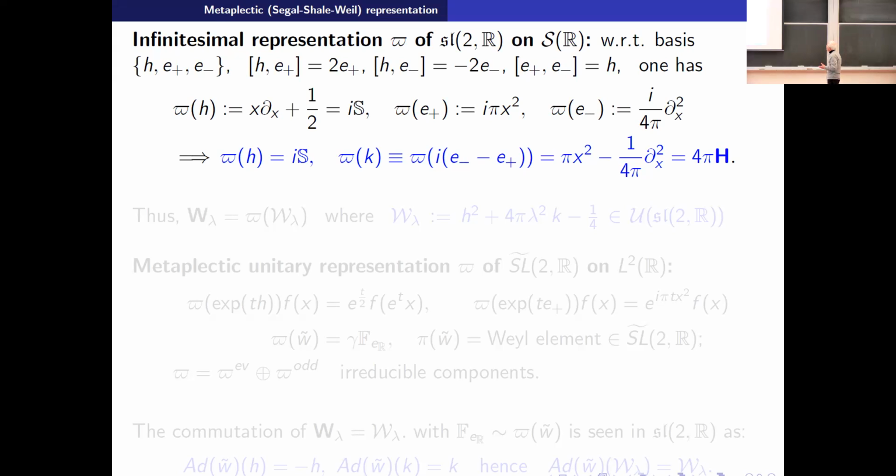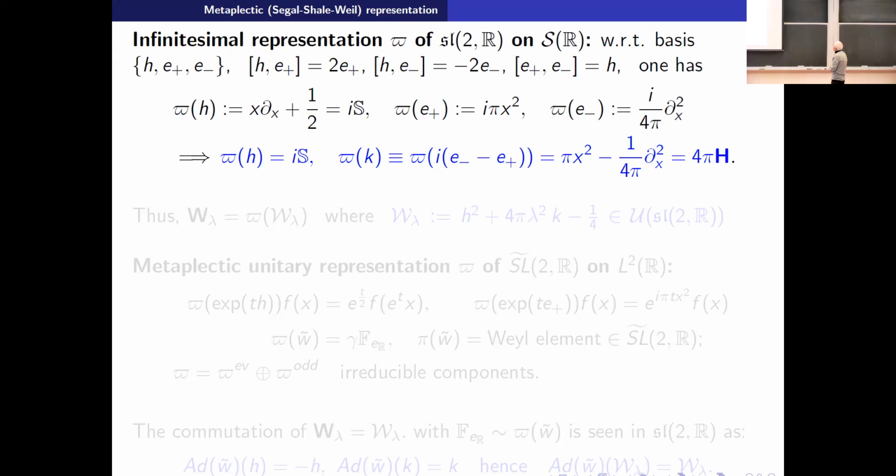The differential of it, which I call the infinitesimal representation at the Lie algebra level, has the main part of the prolate operator, which already was playing a big role.